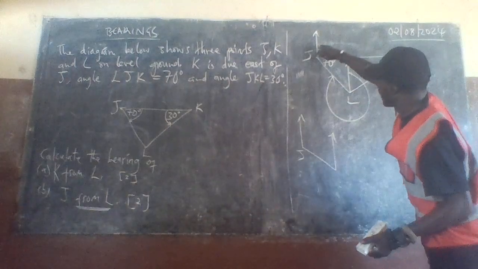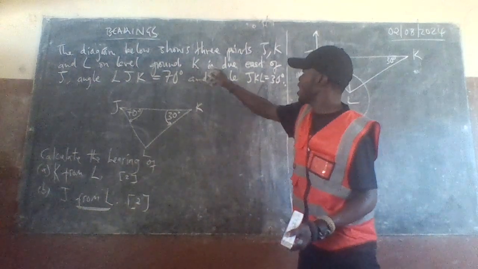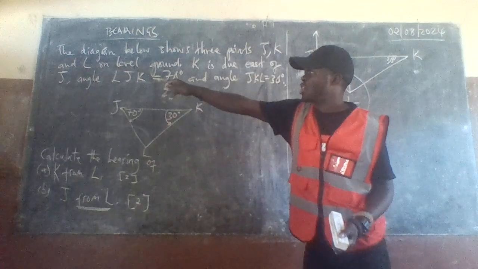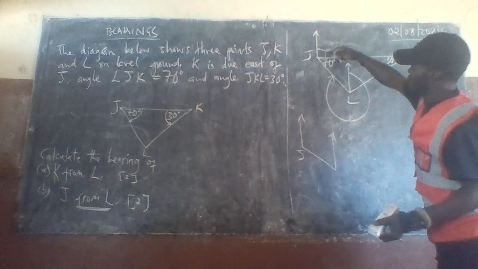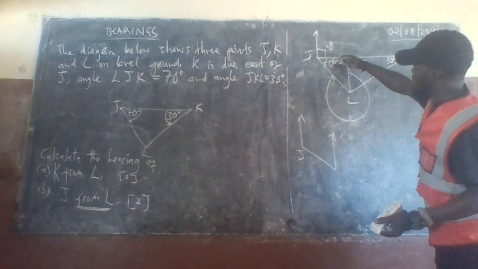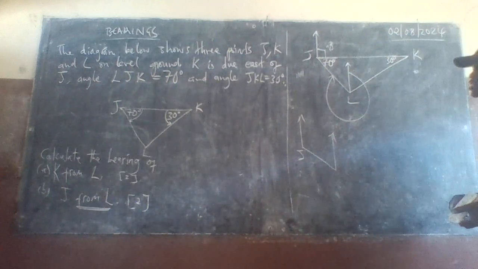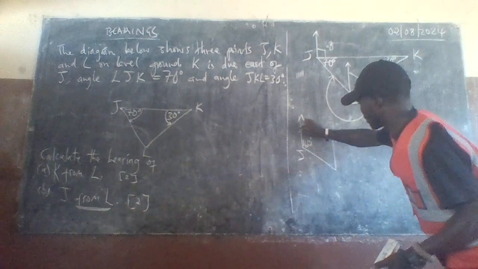Then here we said it's 90 degrees. Why 90 degrees? Because K is due east of J. So it means they are on a straight level. Therefore, this is 90 degrees, and then we add 90 and 70. It gave us 160 degrees. That was the case.